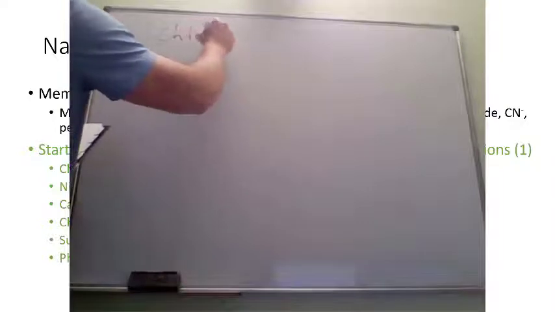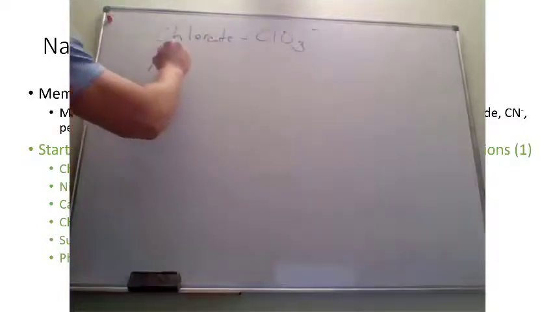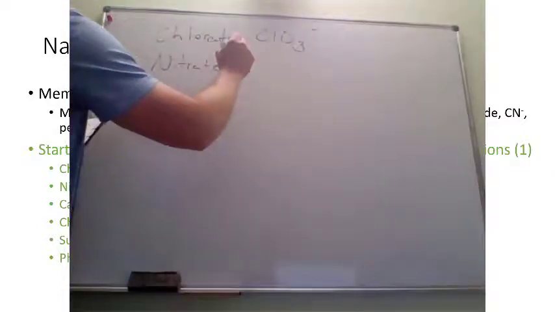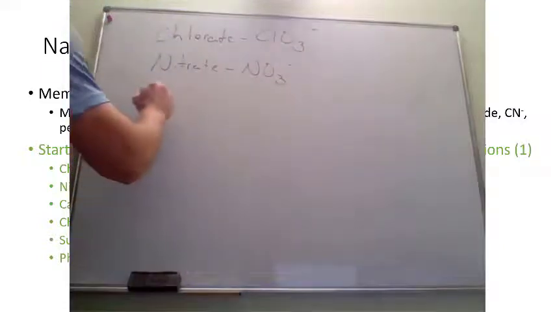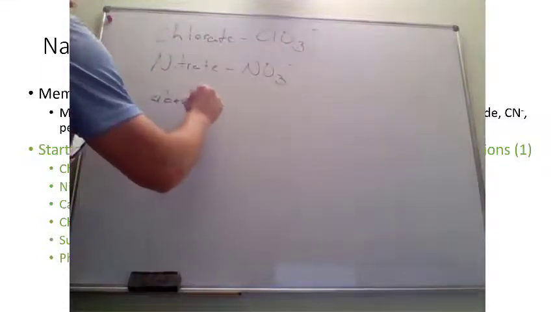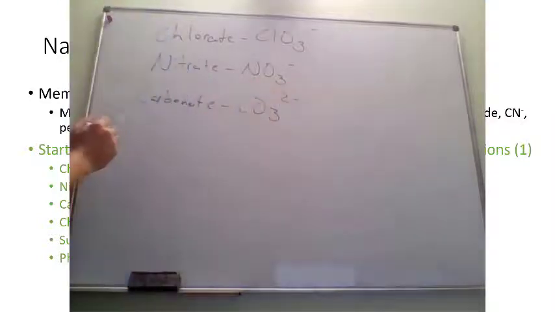So for chlorate, that's going to be ClO3 minus. Nitrate is going to be NO3 minus. Carbonate is going to be CO3 2 minus.